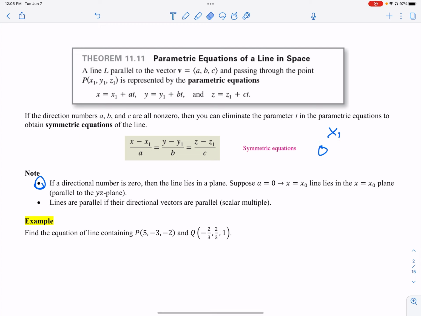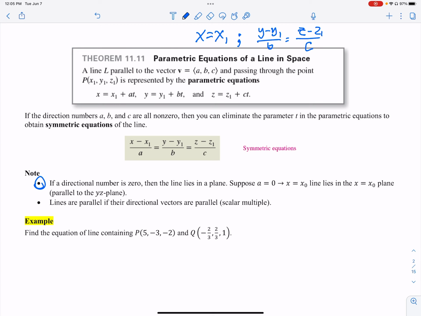So how we would write that, let's say A equals 0, what I would write is x equals x1, and then you would have a whole separate equation: y minus y1 over B equals z minus z1 over C. So if A equals 0, then we just do x equals that number.